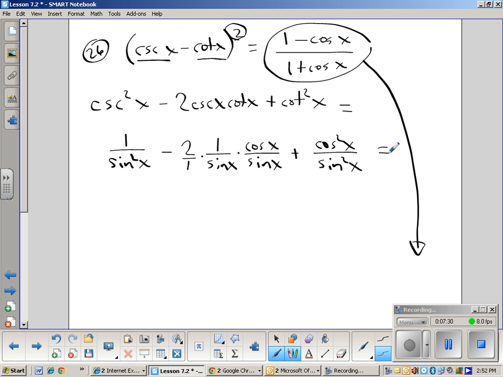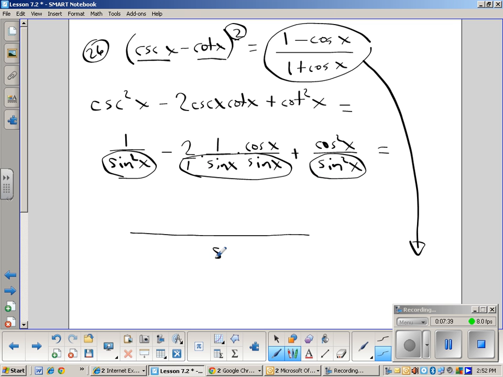It looks kind of ugly there, but it does clean up because notice every denominator has a sine squared x in it. And so they already have a common denominator. And so on top I have 1 minus 2 cosine x plus cosine squared x.